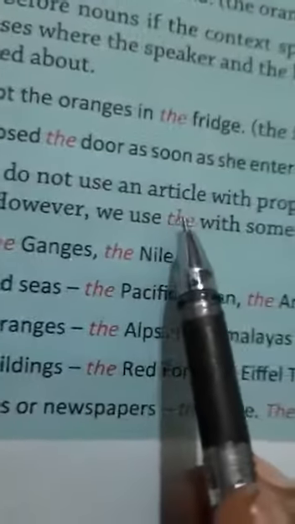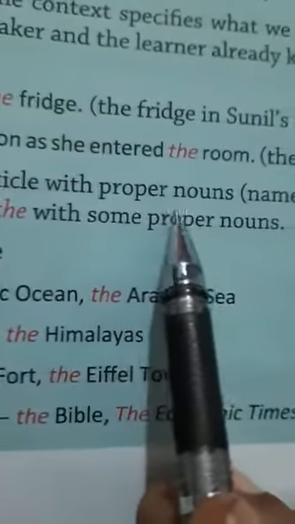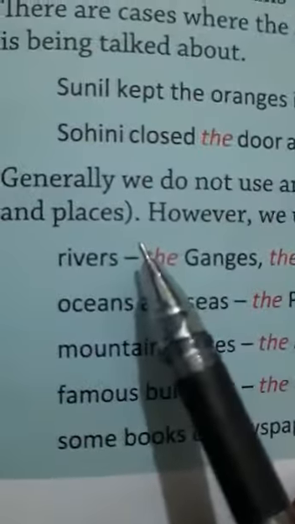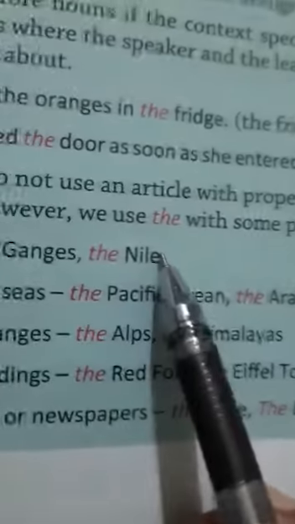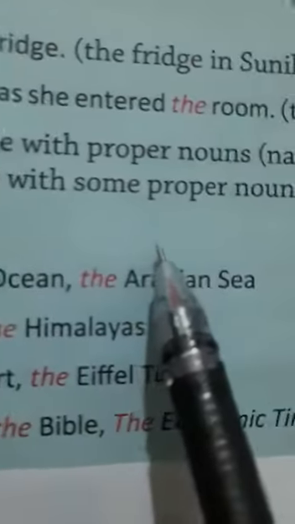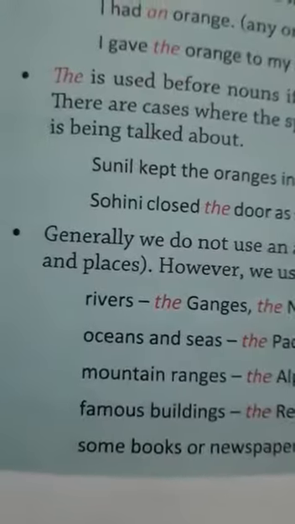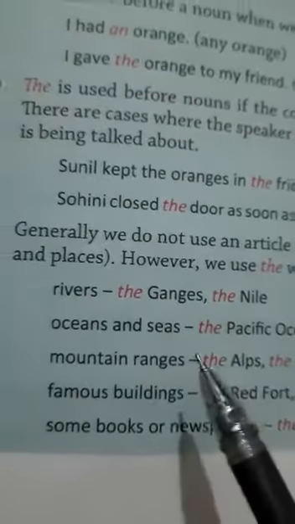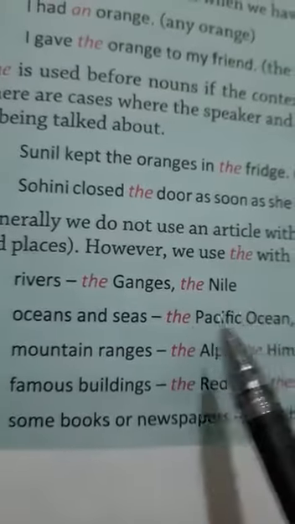Generally, we do not use an article with proper nouns, names of people and places. However, we use the with some proper nouns. Children, for proper nouns, names of people or places, we never use the article the.